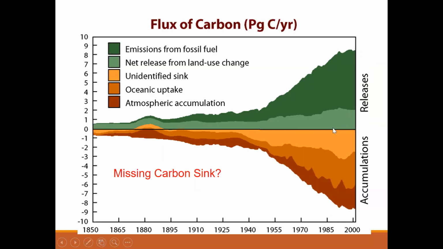Then there's oceanic uptake. We're going to learn with ocean acidification that quite a bit of this carbon dioxide will go into the ocean as well. And there is this unknown of the missing carbon sink. There's some carbon that we're not fully sure where it's ending up, which is again that idea of uncertainty with the planetary boundary and the potential to tip scales.